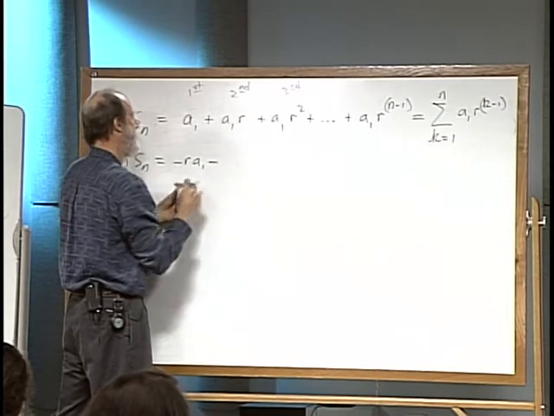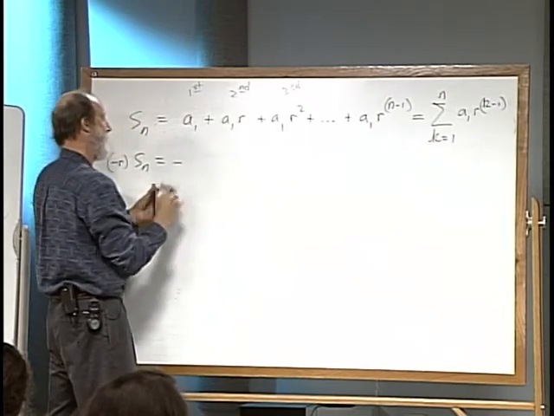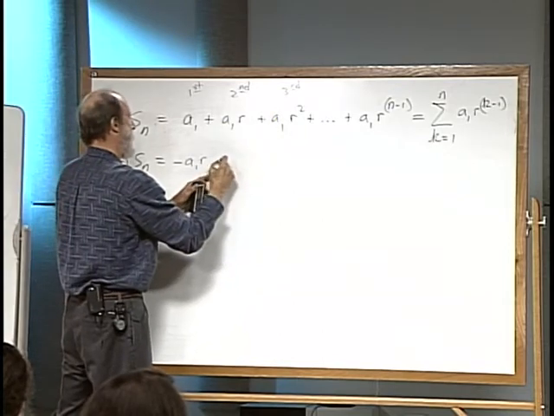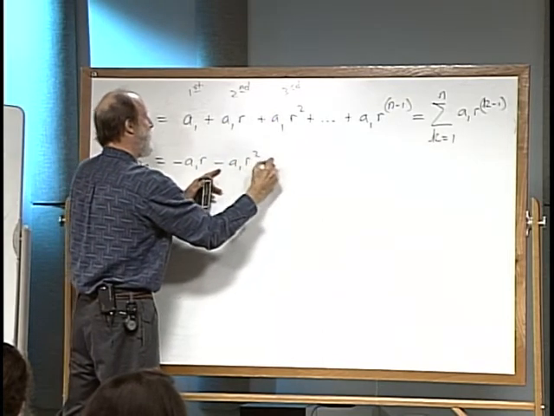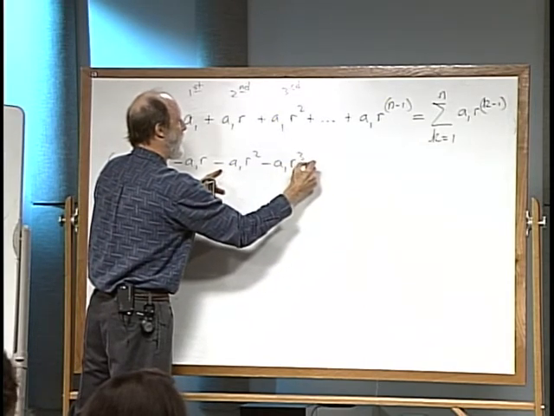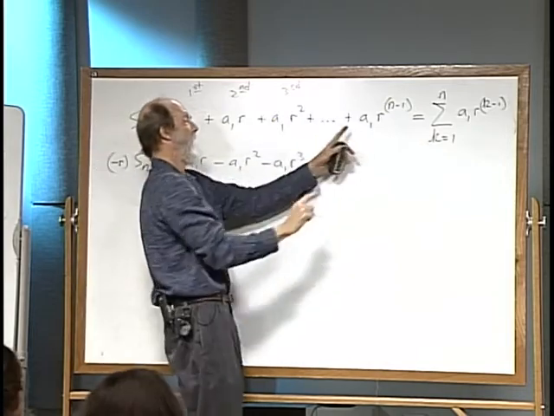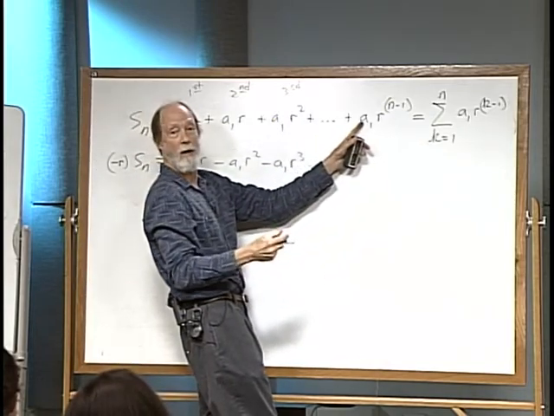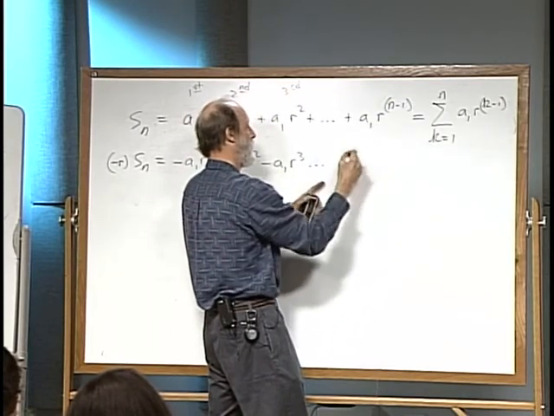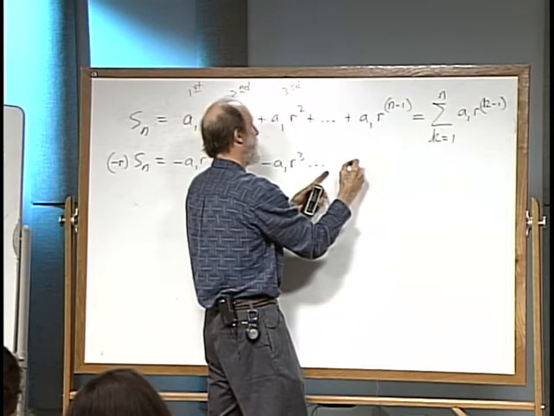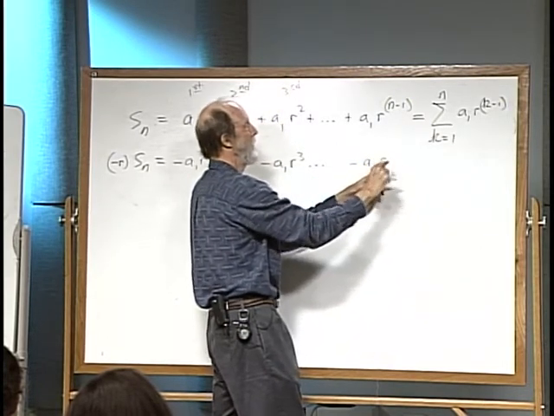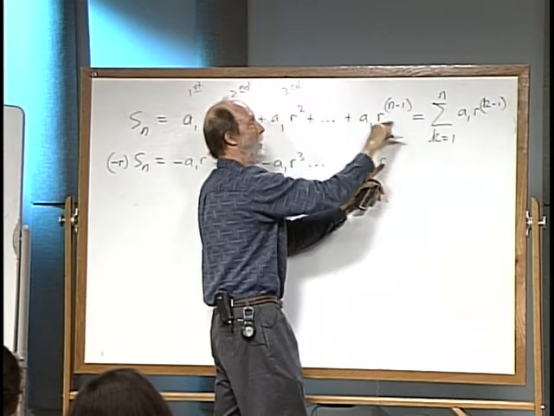Let me leave it that way. Matter of fact, let me leave this one in that order. Okay, times minus r, and then a minus a sub 1 r squared, and a minus a sub 1 r cubed, right? And then I keep on going, and then I get to this last one, I multiply it by minus r, and on that last one right there, I get minus a sub 1 r to the, if I multiply this times an r, 2n.